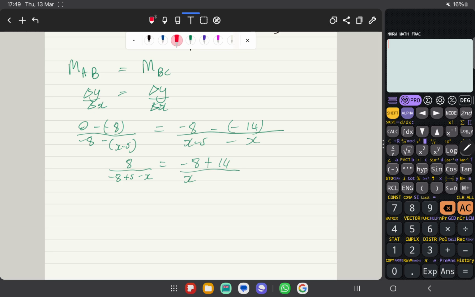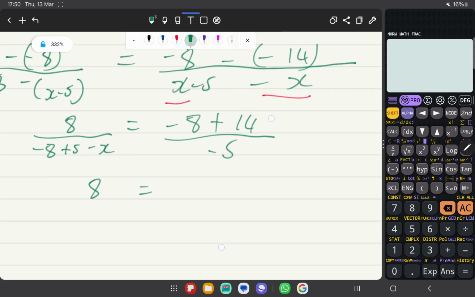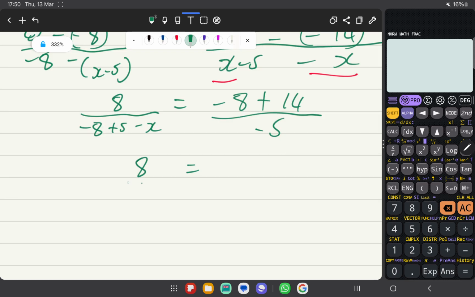Since I have x and minus x, I can just write no x and just write minus 5. Then I have 8 all over minus 3 minus x, and that is going to be 6 over it.